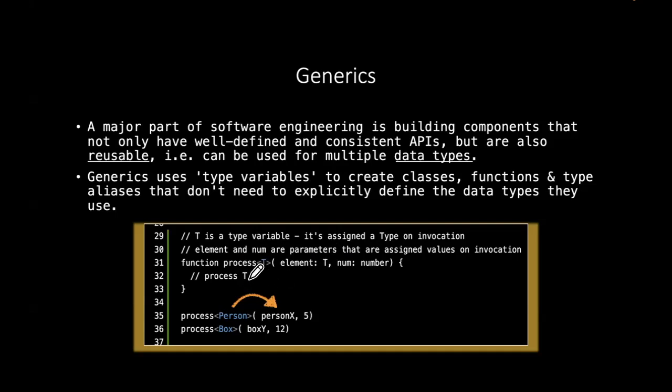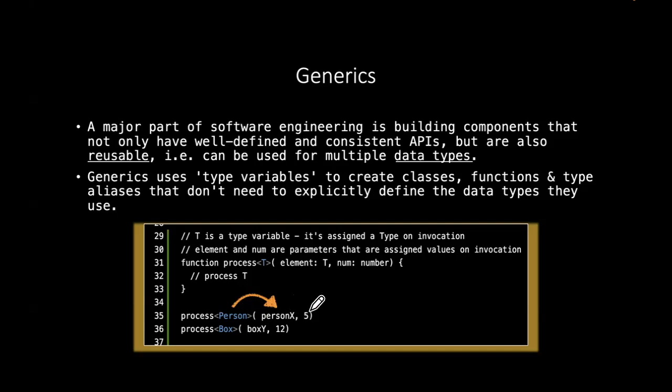We don't need to worry about the actual processing done by our function. To actually use that function, here I'm using it. When you invoke the function, that's when you bind an actual type to T. Here I'm binding the person type, which I presumably have defined somewhere else, either using type aliases or an interface data type, which means that parameter, person X, will have to be an object of type person, otherwise the compiler will complain.